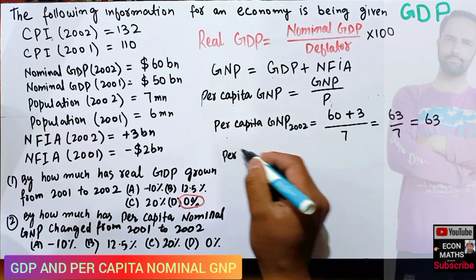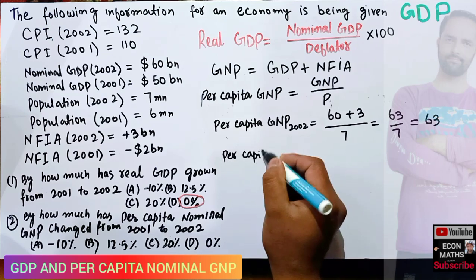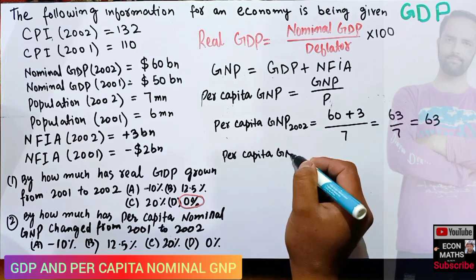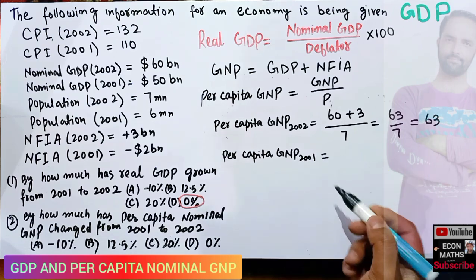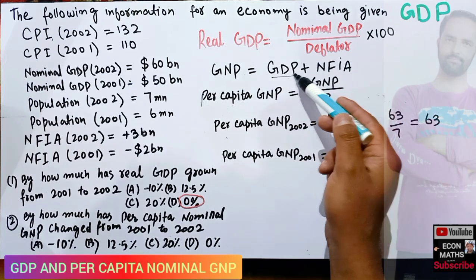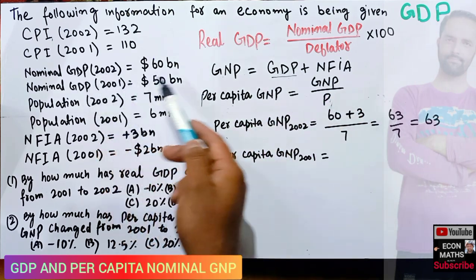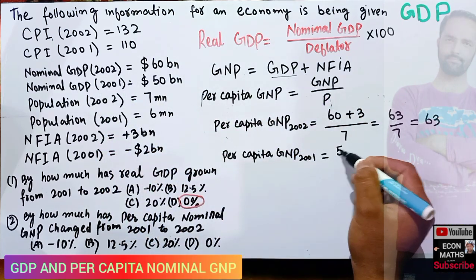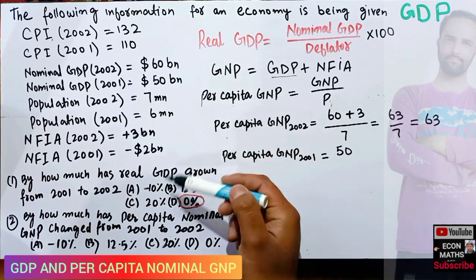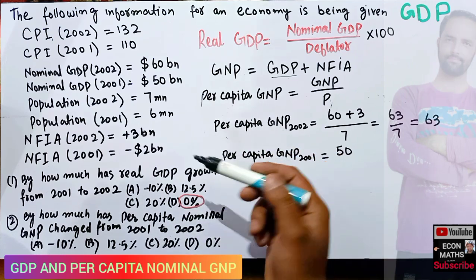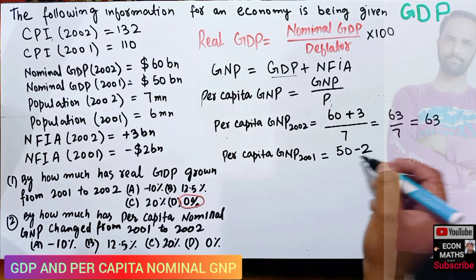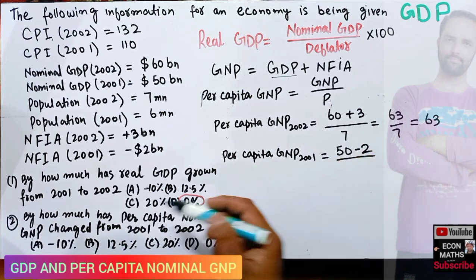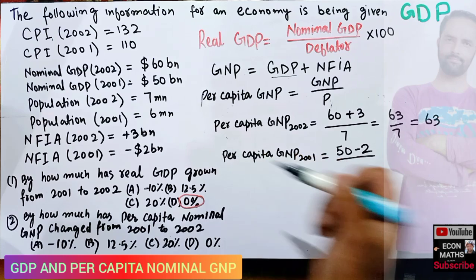Now per capita GNP in 2001 will be equal to, so what is the nominal GDP in 2001? That is 50 billion. And what is our net factor income from abroad? This is negative 2 billion. So I will write here minus 2, divided by the population in 2001, that is 6.